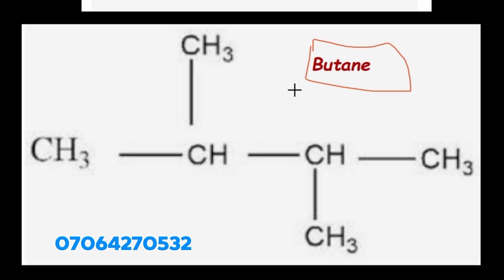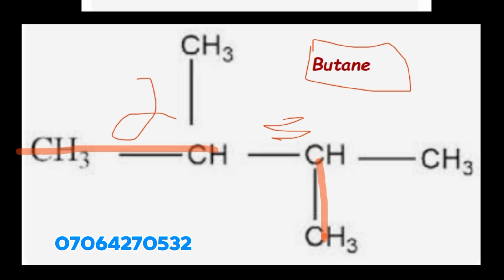Now it is the time to name attachment. So if we start counting from here, our first attachment is on carbon number 2. That's our first attachment. If you start counting from the left, that is 2, and then another attachment is on carbon number 3. So we have 2 attachments, one on carbon number 2 and the other one on carbon number 3. So this is one here on carbon number 2.